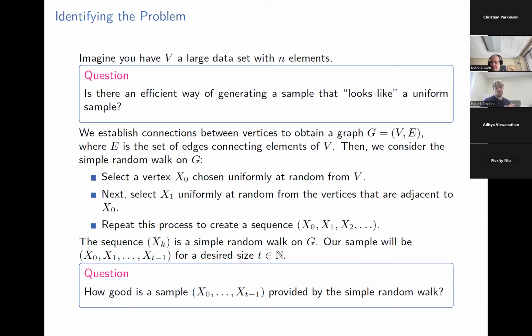Okay, so first we need to find a nice way to measure how good the sample generated by the simple random walk is. Essentially, we need to introduce a way of measuring how far we are from the uniform sample. The goal will be the following.